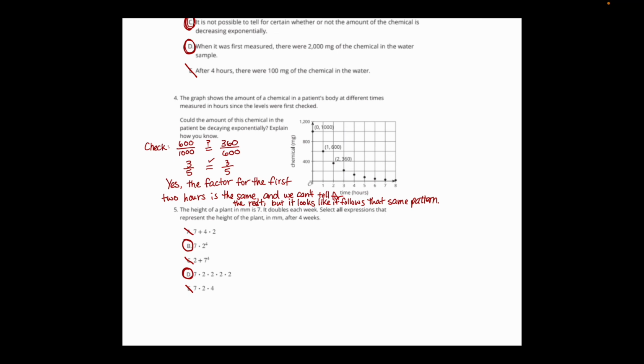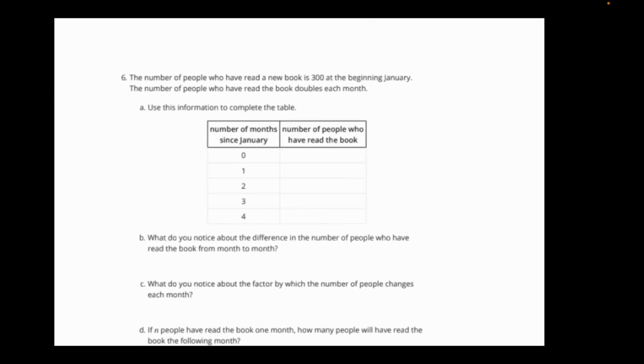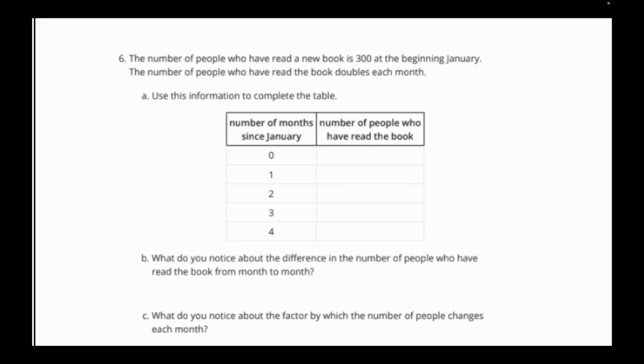So moving along, we have question 6. We have the number of people who read a new book is 300 at the beginning of January. And the number of people who read the book doubles each month. So apparently everyone's telling each other about this book and they love it. We're going to complete this table. So it doubles each month, and we have months since January.